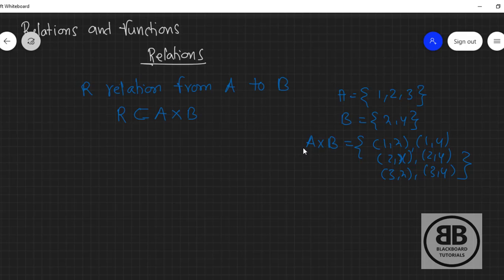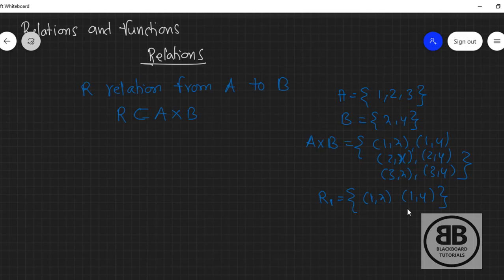Now, what is a relation? A relation from set A to set B represents the relationship of the first element to the second element. So, we can define one subset, suppose R1, because the relation R is a subset of the Cartesian product A cross B. Suppose R1 is a subset of this A cross B. It could be 1x, 1y.